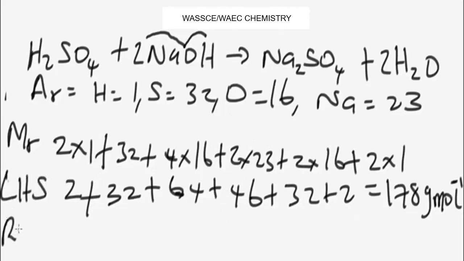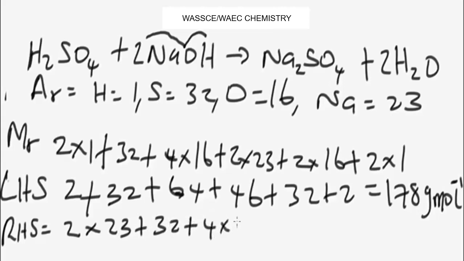Now for the right hand side, let's add the relative formula masses of the compounds as well. Sodium, we have 2 atoms of sodium there, so it's going to give us 2 times 23, plus sulfur is 32, plus our oxygen, we have 4 atoms there, that's 4 times 16, plus now for water, we have 2 times, remember this 2 is affecting both the hydrogen atom and the oxygen atom here.